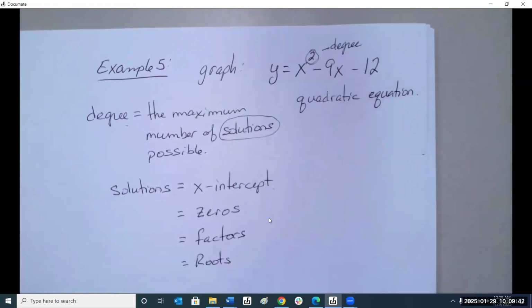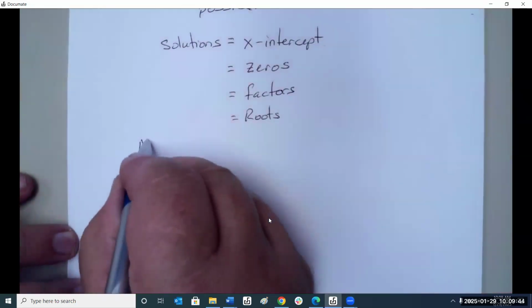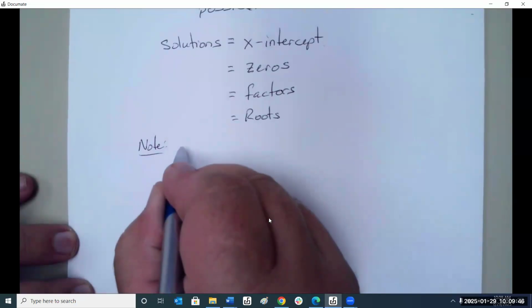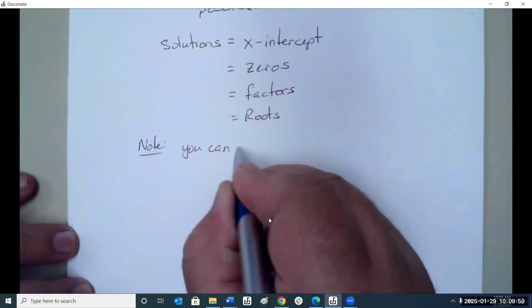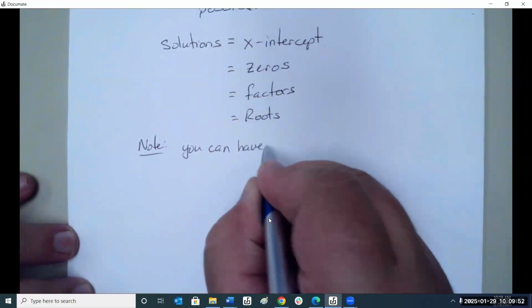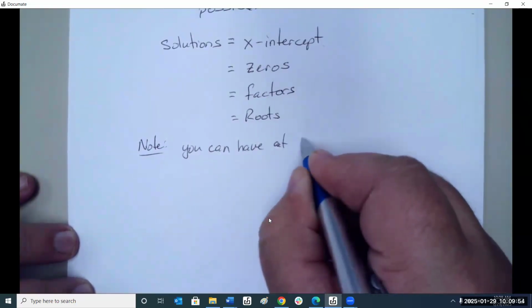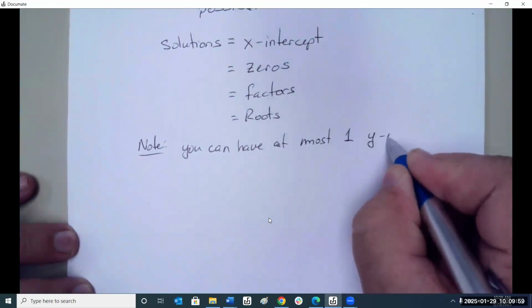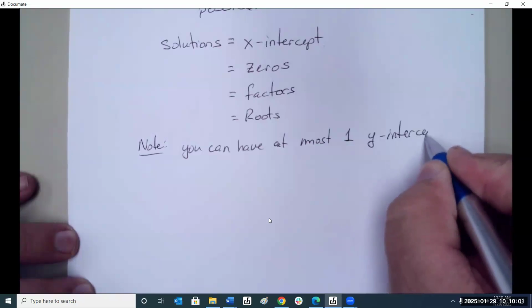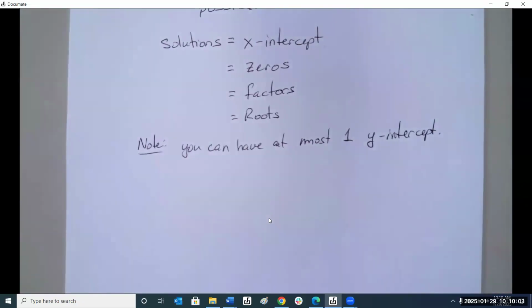You'll note you can have at most one y-intercept. Given a function, you can only have one y-intercept.